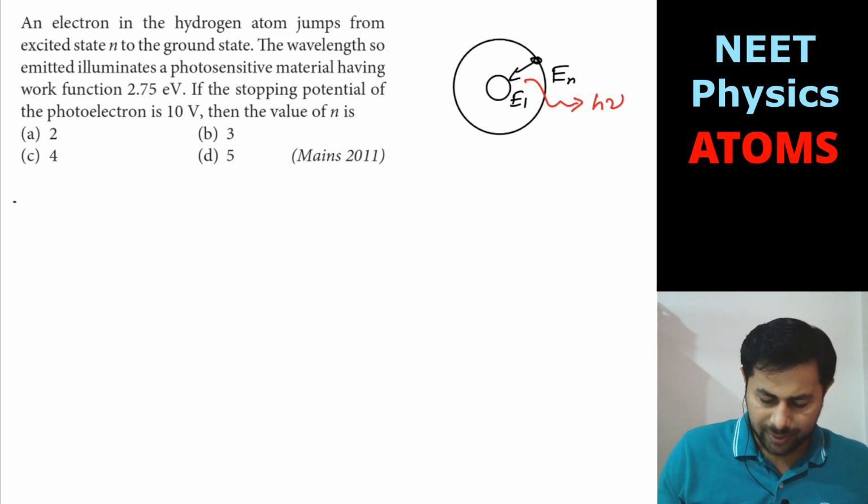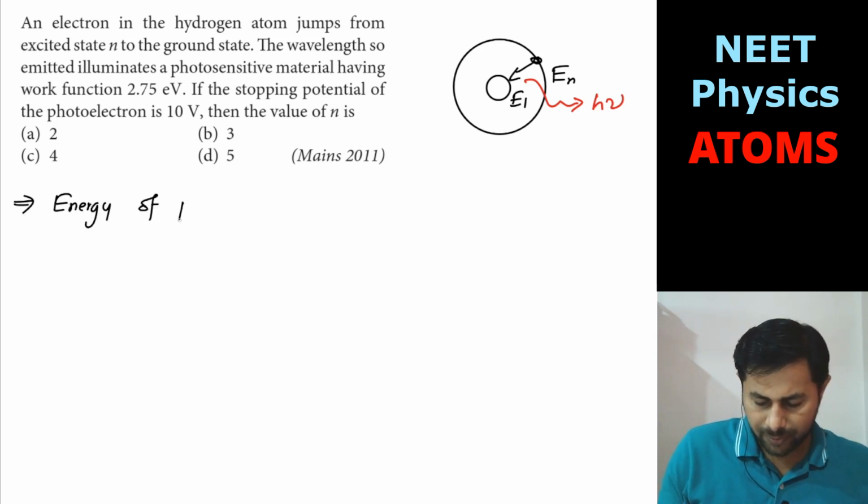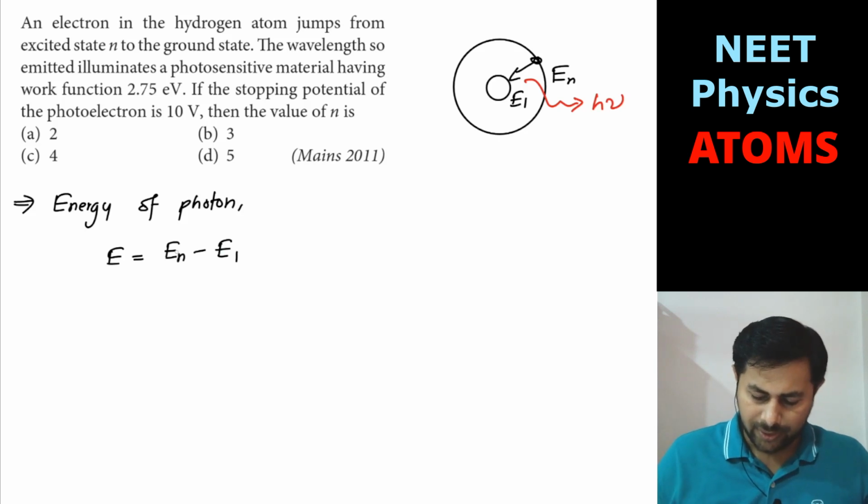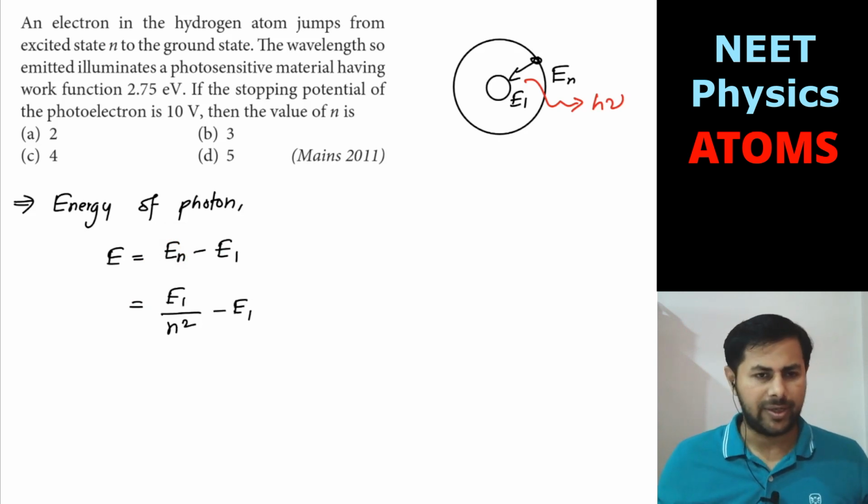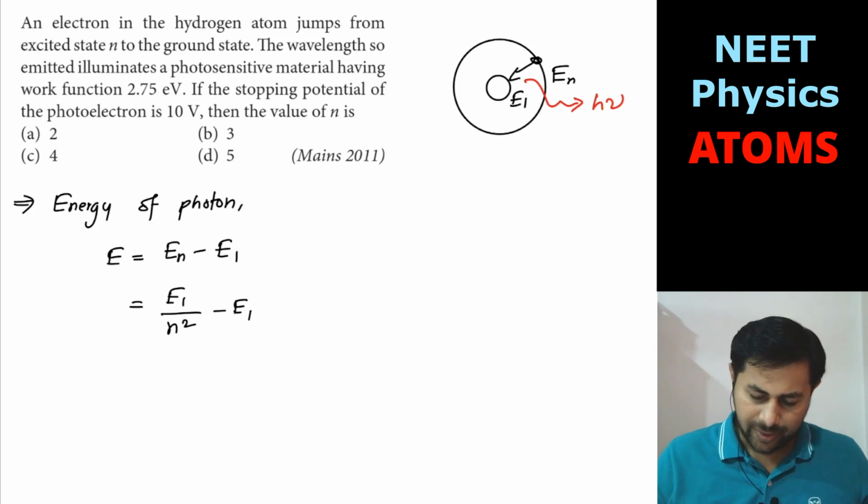So the energy of the photon E is equal to En minus E1. Alright, so then you know what En is? En is just E1 divided by N square, right?